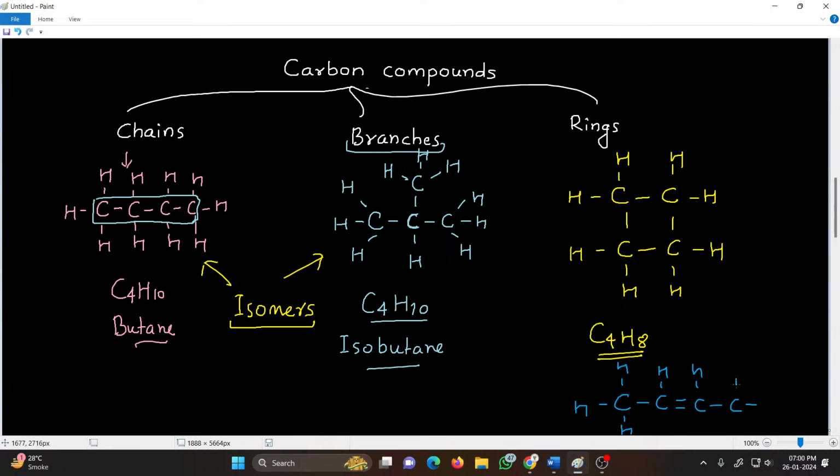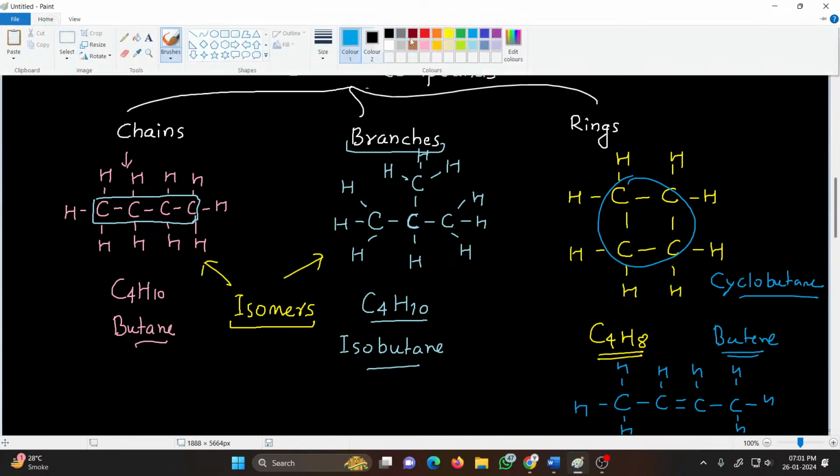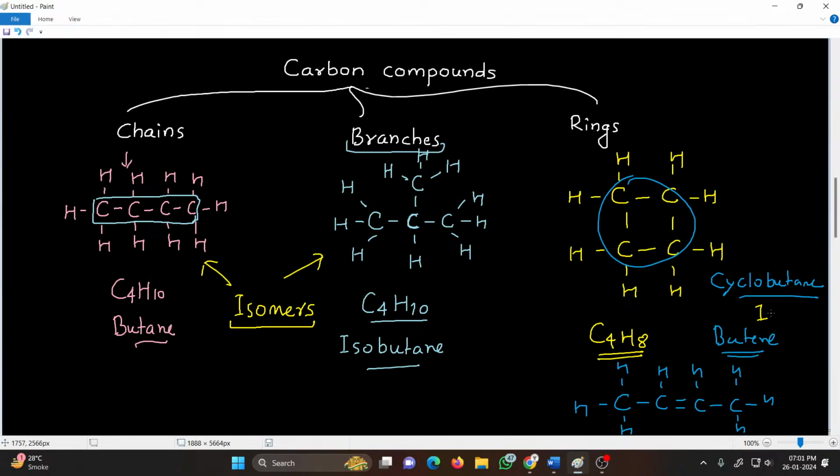Its formula is C4H8. This cyclic compound, that means ring structure, is known as cyclobutane. So cyclobutane and butene are isomers of each other. They are structural isomers of each other.